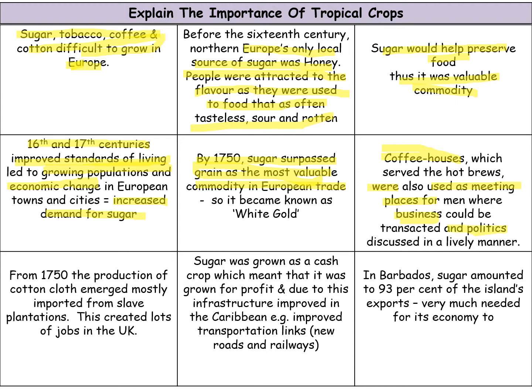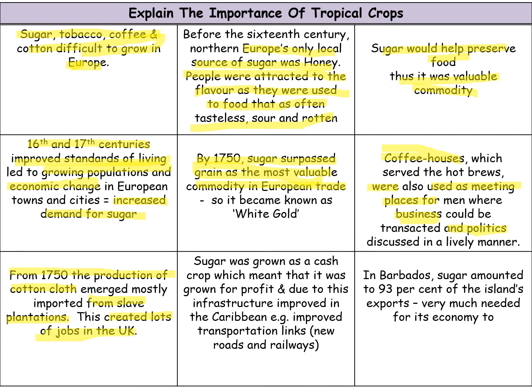From 1750, the production of cotton cloth emerged, mostly imported from slave plantations. This created jobs in the UK. So we could say from 1750, the production of cotton cloth from slave plantations, so those words there, created lots of jobs in the UK.